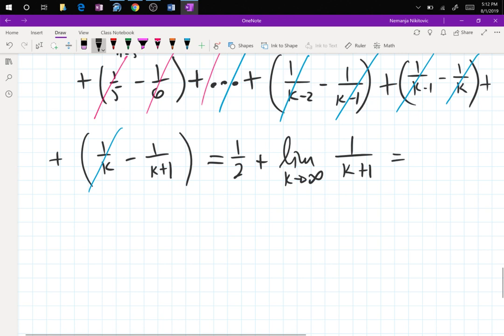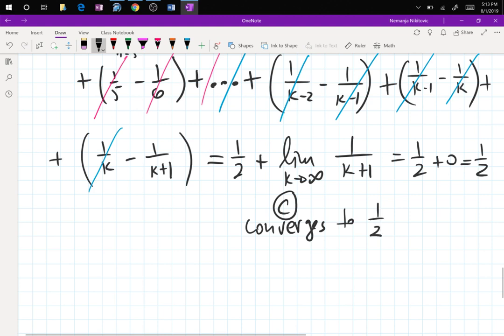But this is 1 over infinity, which is 0, so 1/2 plus 0 is 1/2. The series converges to 1/2.